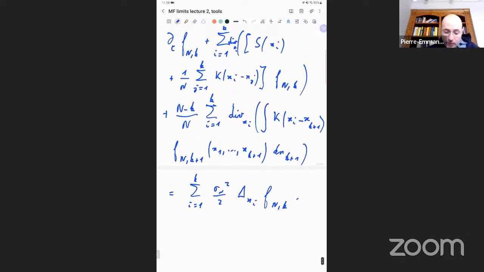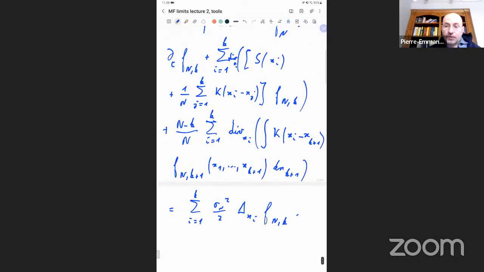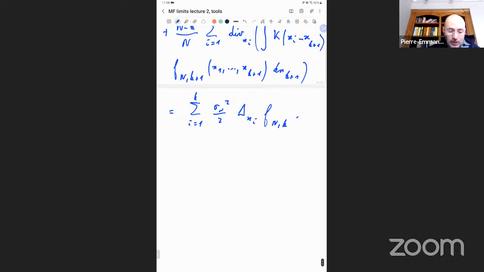And you see what happened, right? Now the equation is not closed. If I want to solve for Fnk, I need to know Fnk plus 1. And so I have a hierarchy of equations. Because I might want to start with Fn1 or Fn2, but then I need Fn3, I need Fn4, I need Fn5, and so on.